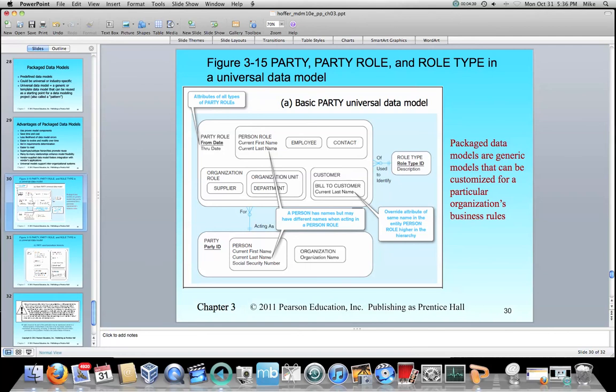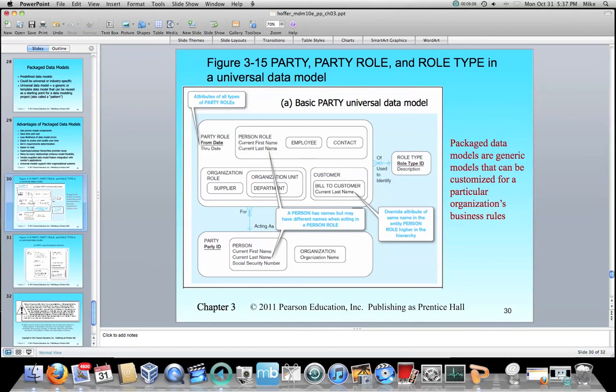And then there are roles that a party can play. So if I'm a person, the person role can either be an employee or a contact. That is not limited to that. It's just that in this example, we're talking about employees and contacts.